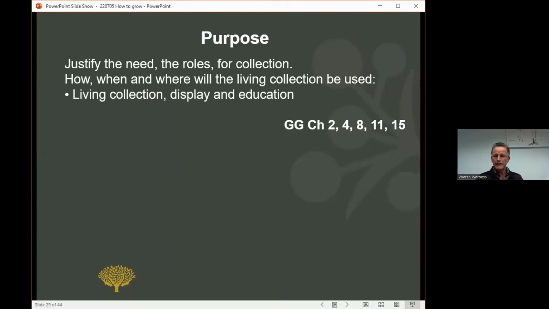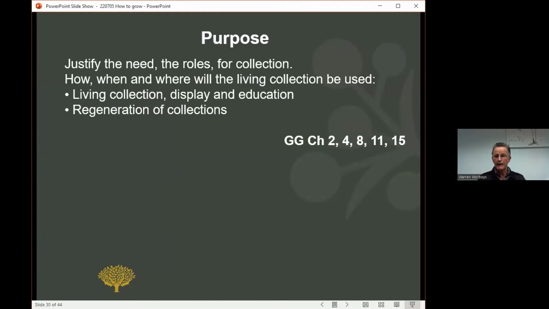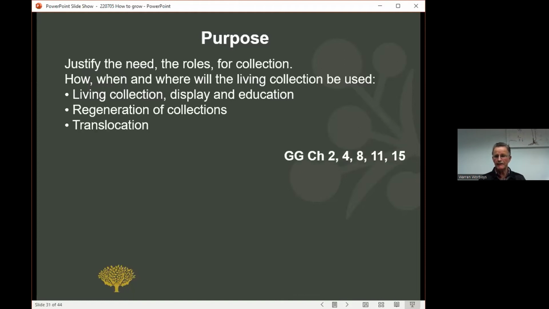And for a start, one of the roles might be the living collection. It's just a display used for public education and horticultural education or botanical education. Might be the regeneration of collections which are already in cultivation in an ex situ location. It might be to support the translocation, as Heidi was just talking about and others have spoken about this week and last week.